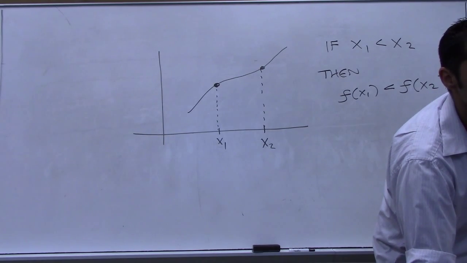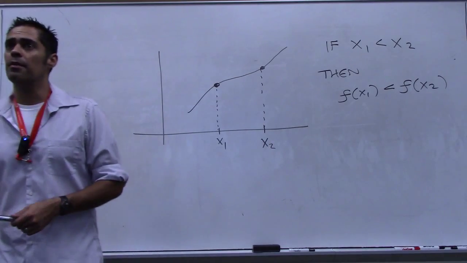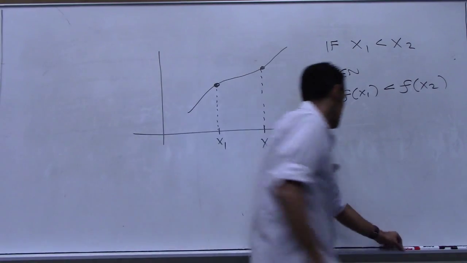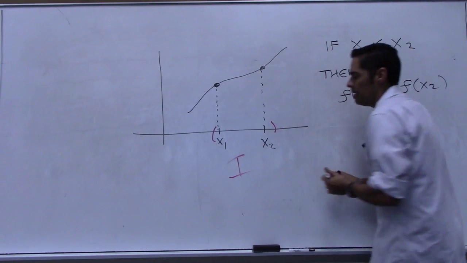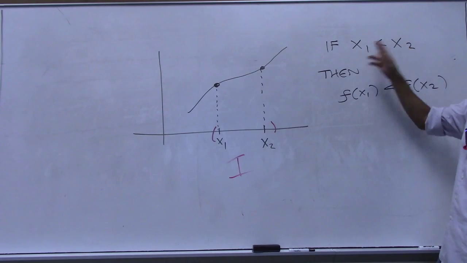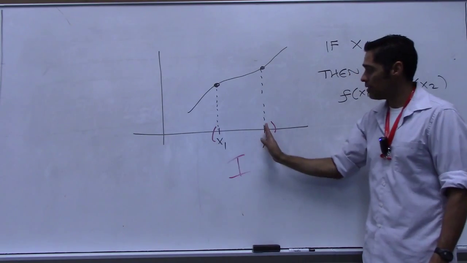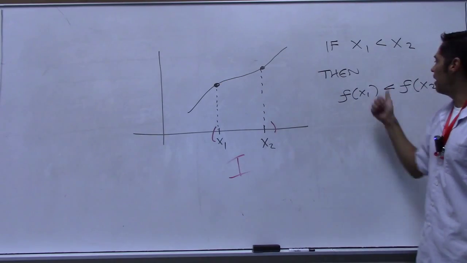This is the definition the way a mathematician would write it. A function is said to be increasing on the interval I. So there's some interval here that I'm talking about. As long as you have a point to the left of some other point, so x1 is to the left of x2, then the height at x1 is smaller than the height at x2.